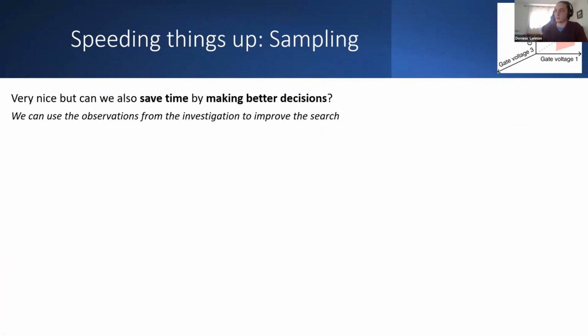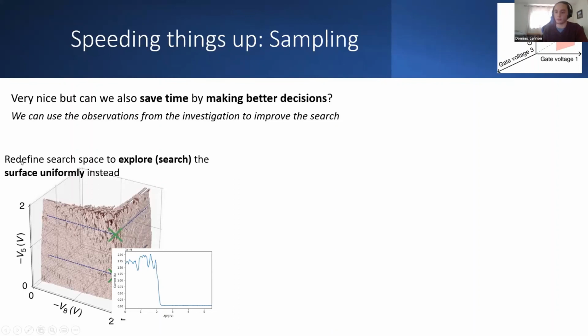Yeah, so how can we make better decisions instead? Because that just reduced the characterization time, the amount of time it takes us to evaluate a point. So how can we make a better decision? Well, we can just take the data that is returned from the investigation directly and use that to inform our search. So we can redefine our entire search space, instead of a uniform volume where we just go all over the place, to search near this surface.